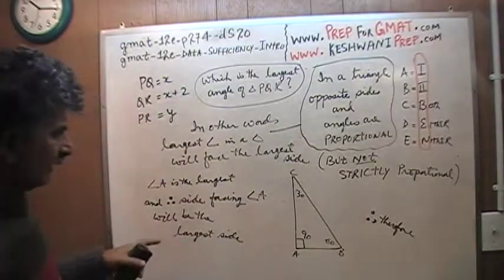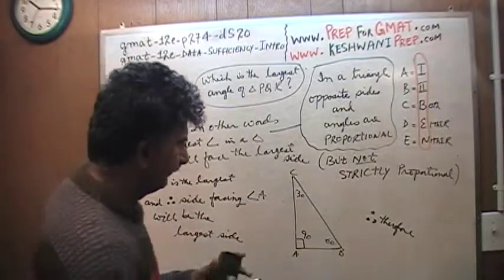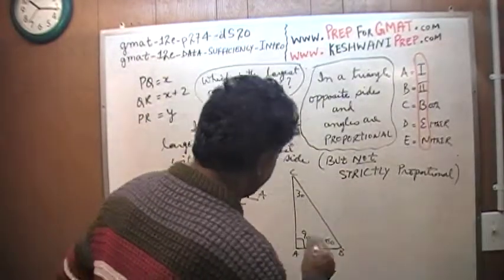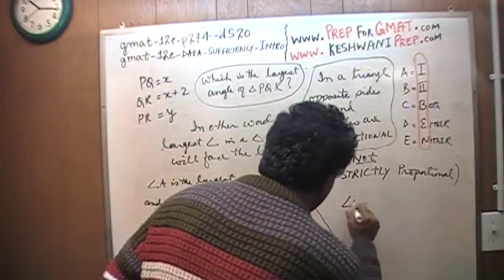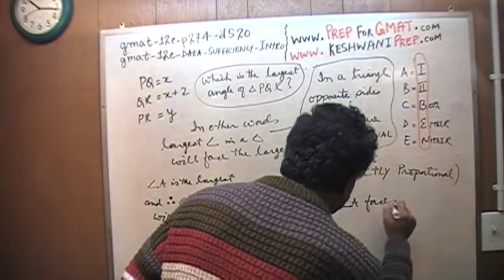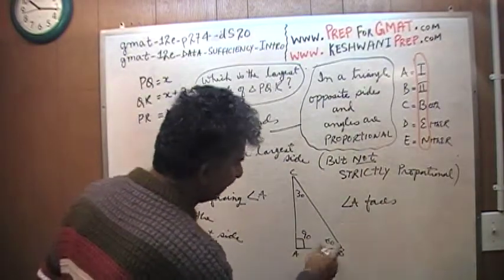The side facing angle A is side BC. Let's make a note here: angle A faces BC.